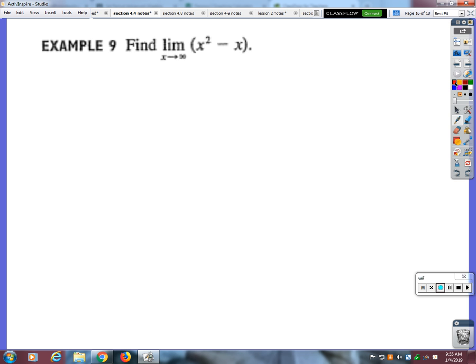Okay? So the way that you solve this problem is you actually factor out an x first, like that. And now that you have multiplication, if you are putting in a larger and larger number times a larger and larger number, what's it going to equal?